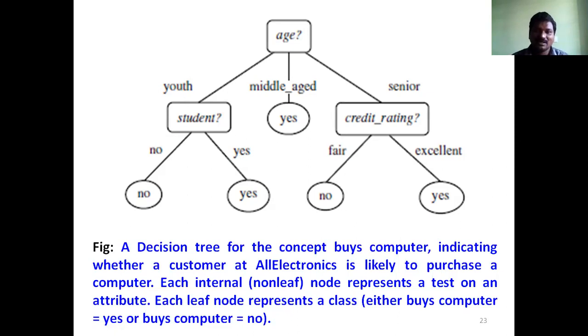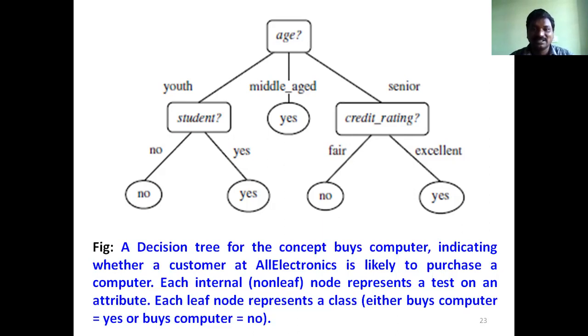Here you may have a doubt. Here you have age. How can you select age first? Why not use student first? Why not take the student as the root node? Why not take the credit rating as the root node? That kind of decision is made using information gain measures.